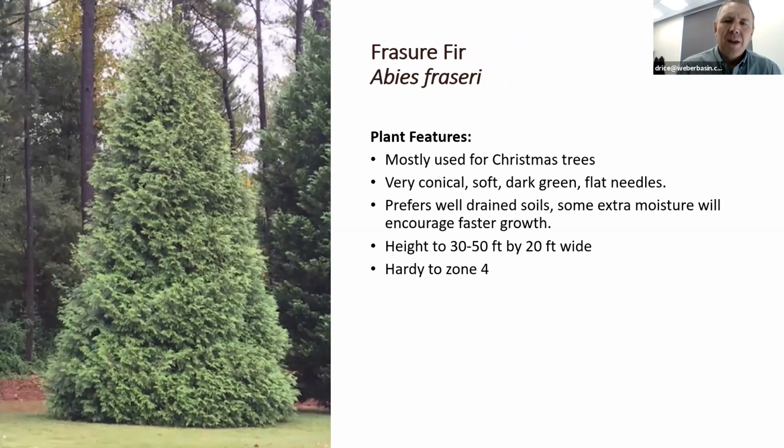Fraser fir. This is a very common one in the Christmas tree industry. They cut them when they're small, and they trim some of the ends to make them even more conical, but they're naturally very conical, with flat, dark green needles. We've got one here in the garden, and it's been really slow growing. It may be because of the soil conditions where it's planted, and maybe how we're watering it.